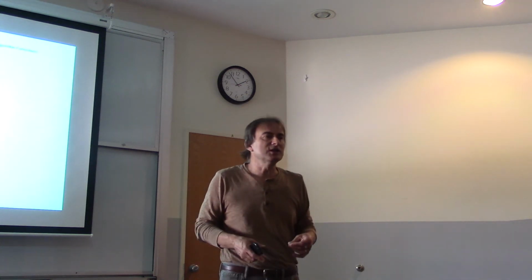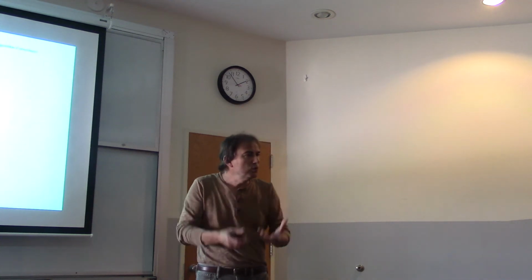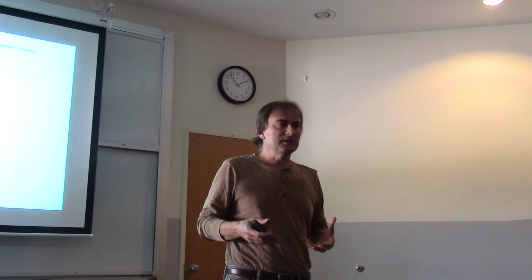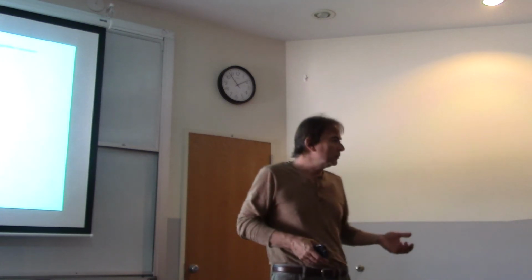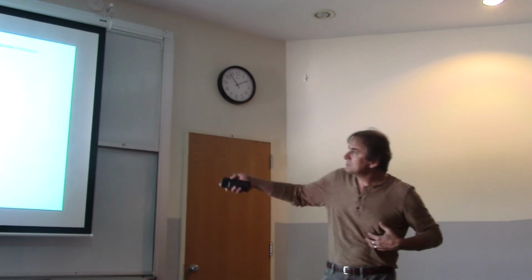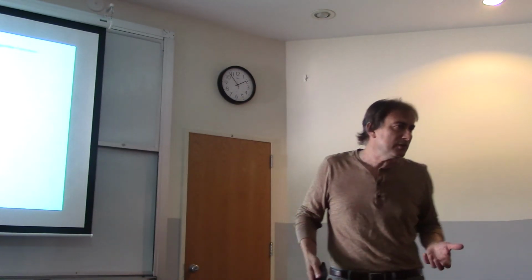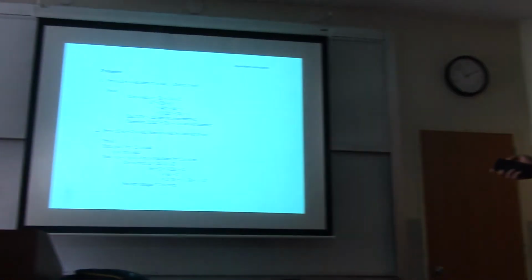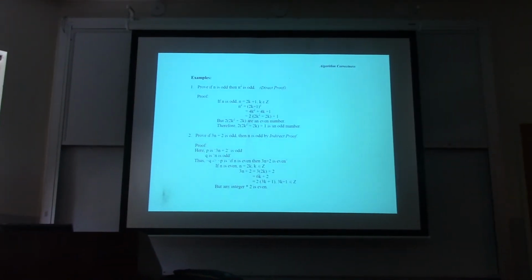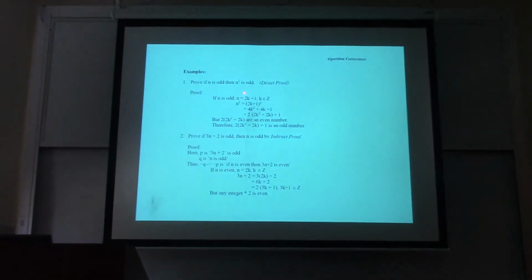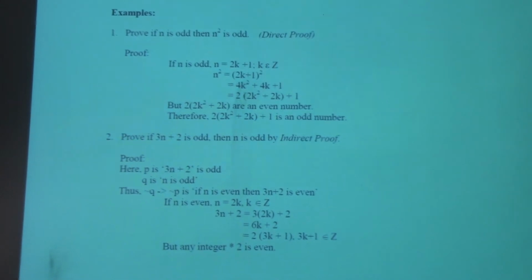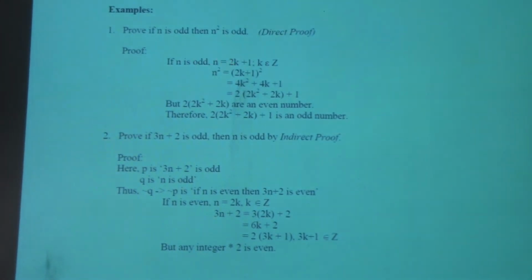So we have to have a technique that's going to be able to prove that for all numbers that are odd, no matter how big they are, no matter how small they are, it always will hold true. And the way we're going to do it, we're going to use some basic number theory. So we'll say if n is odd, and we're talking about odd integers here, then n must equal 2k plus 1, where k is an integer, 2 times some integer plus 1.